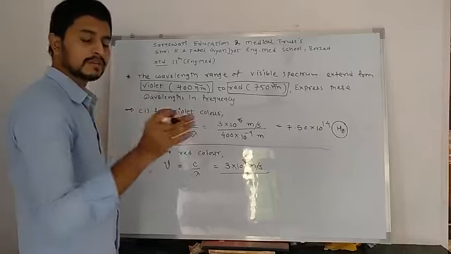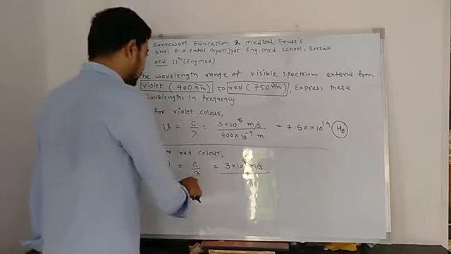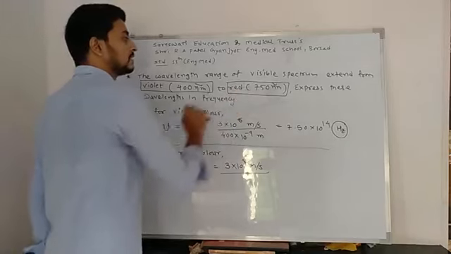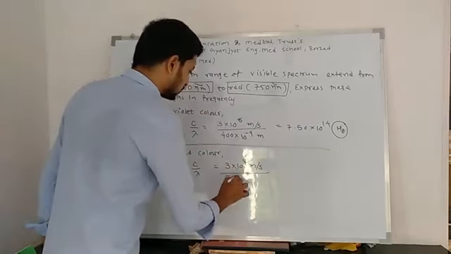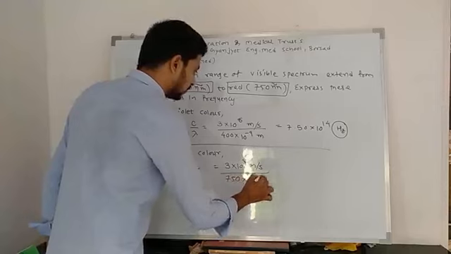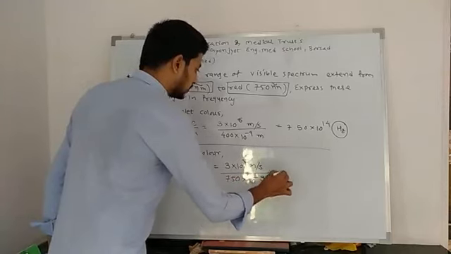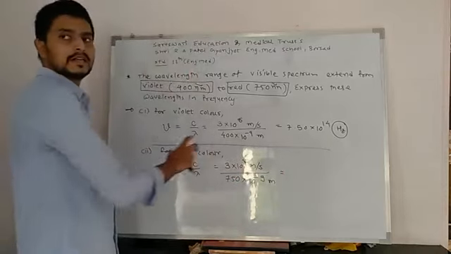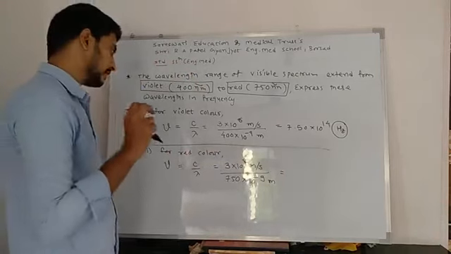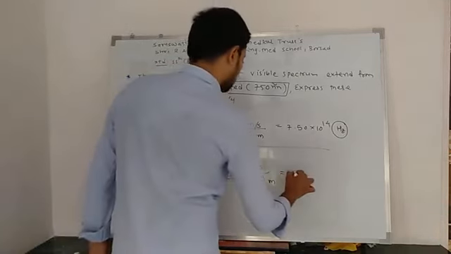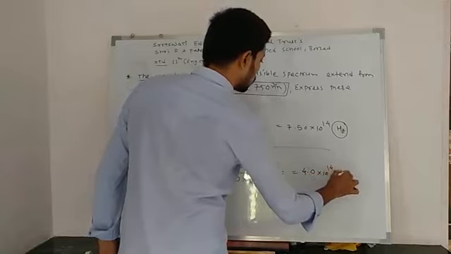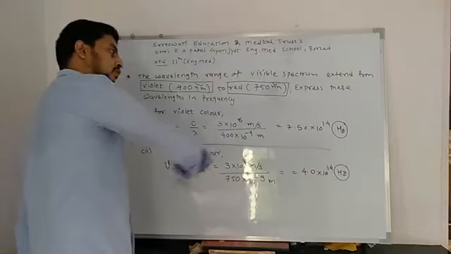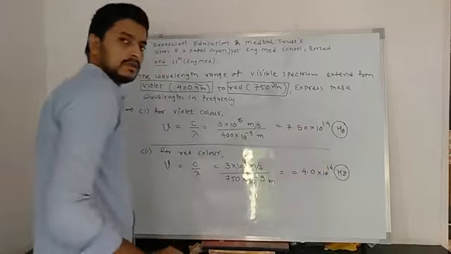Always remember it has a constant value. Lambda for the red coloration is 750 nanometer, so we convert into meter: 750 into 10 power minus 9 meter. If you calculate with the calculator, you will get the answer 4.0 into 10 power 14 hertz. So always follow my answer by its unit.